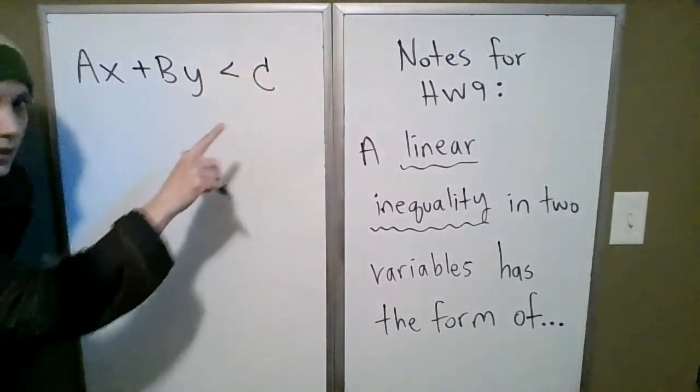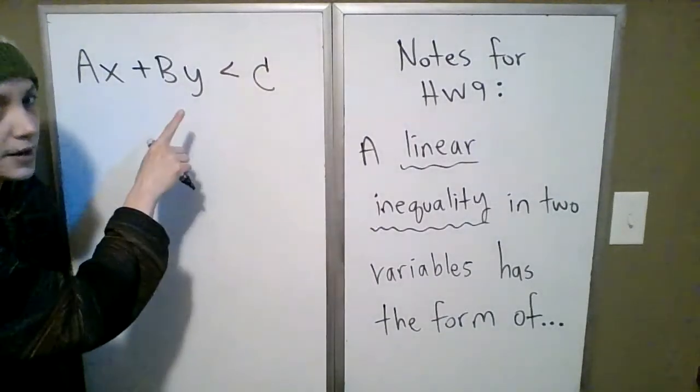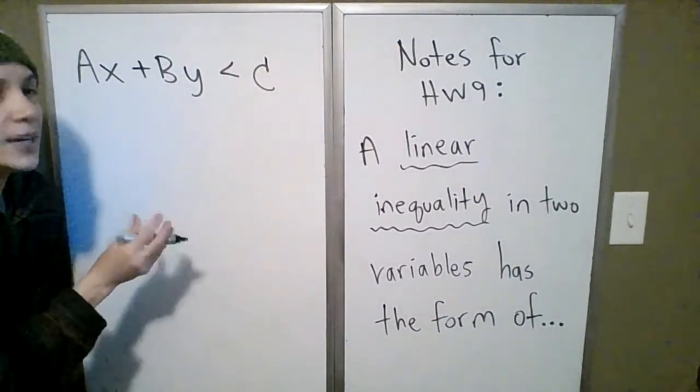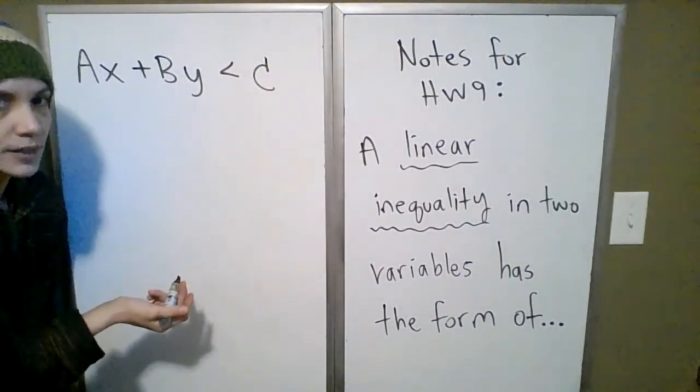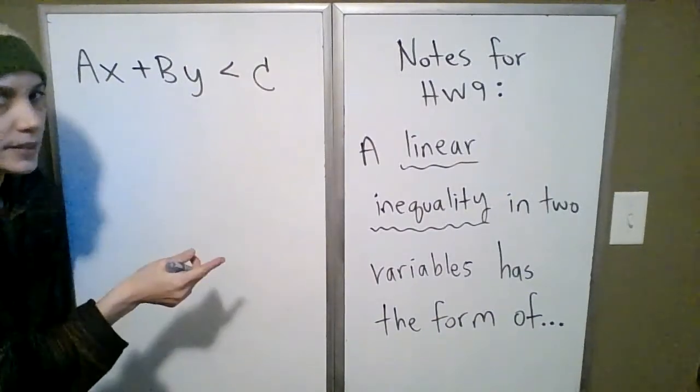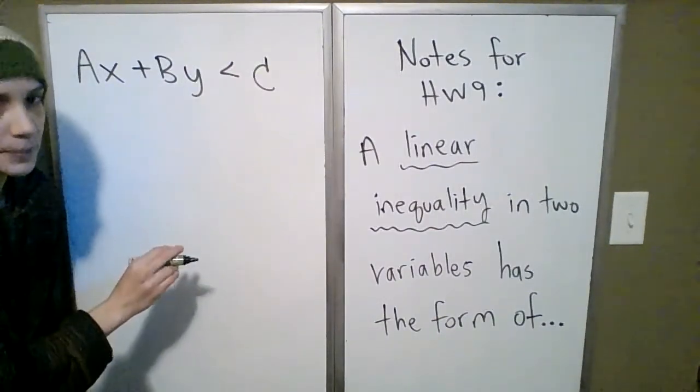A, b, and c are numbers. X and y are your variables. And we can't have both a and b be 0. You could have a be 0 or b be 0, but not both at the same time.